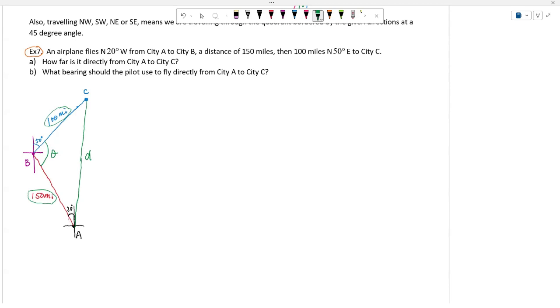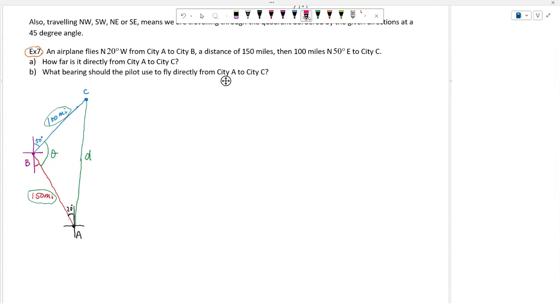And what information do I know to find the angle theta? First, I know that this is 50 degrees. And if this is 20 degrees here, that means this angle right here must be 20 degrees.